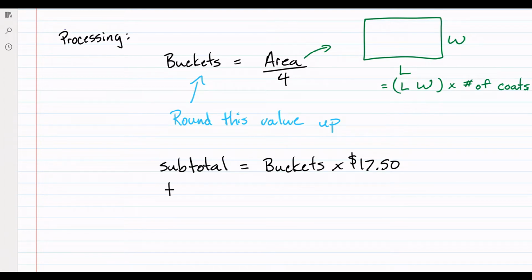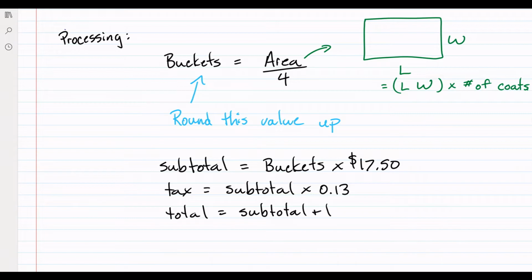Then our tax would be the subtotal times the rate of tax in Ontario, which we said was 13%. So that's 0.13, and then the total would just be the subtotal plus the tax.